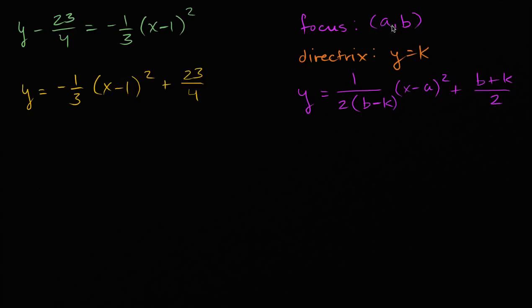Sorry, not x minus 1, I'm getting confused. It's x minus a squared. If the focus is (a, b) and the directrix is y equals k, then this is the equation of the parabola.